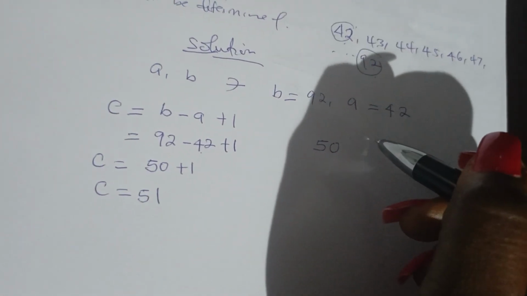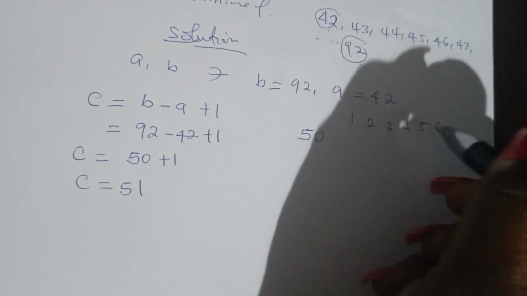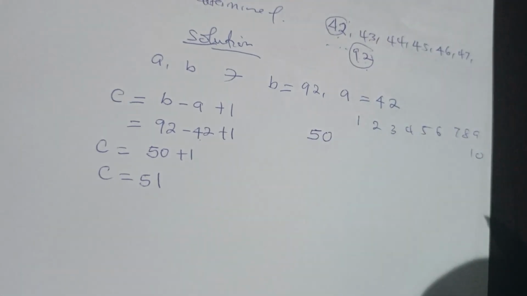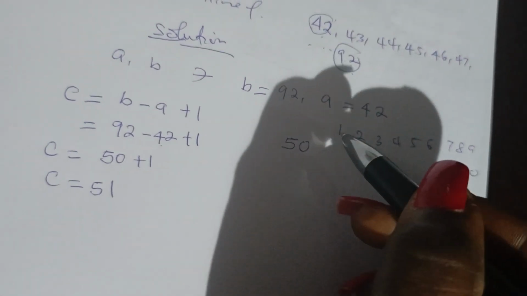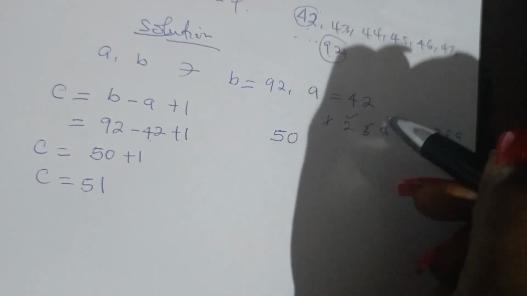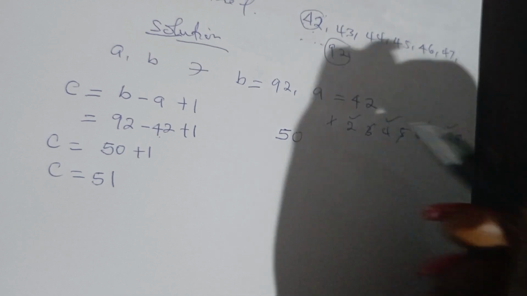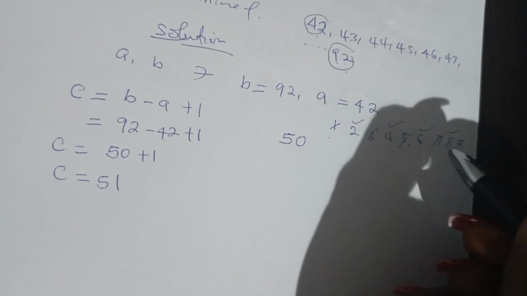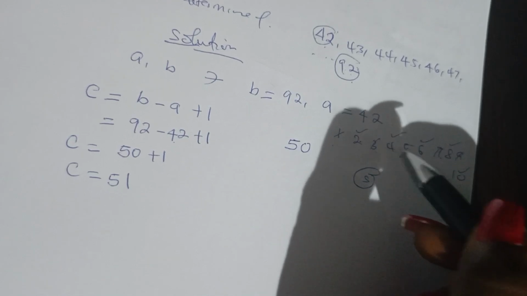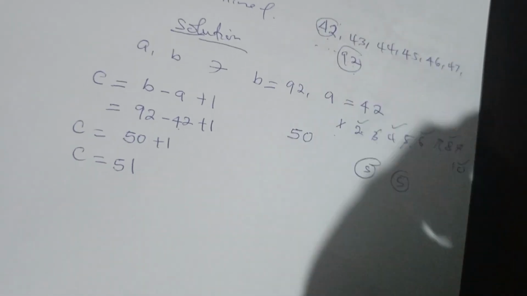25. And let's take a look at numbers 1 to 10. 1, 2, 3, 4, 5, 6, 7, 8, 9, 10, right? So if we take a look at this, 1 is odd, 2 is even, odd, even, odd, even, odd, even, odd, even. Now count: 1, 2, 3, 4, 5. We have 5 odds, and we have 5 evens.